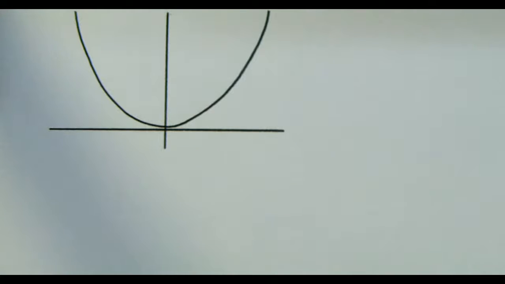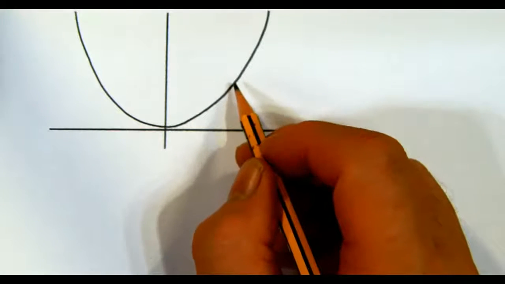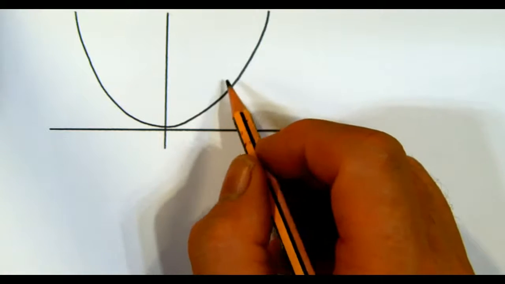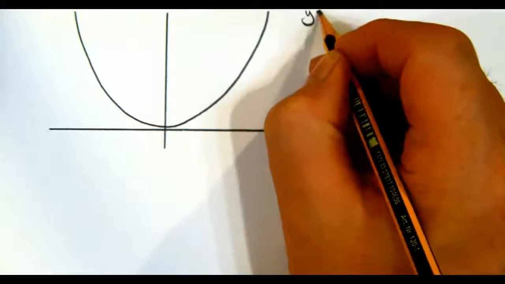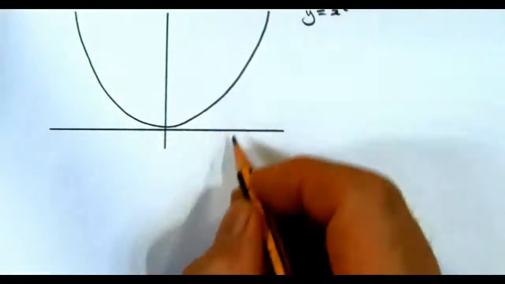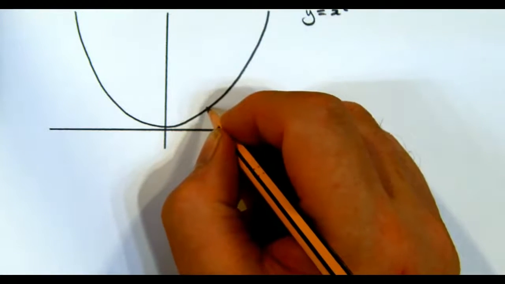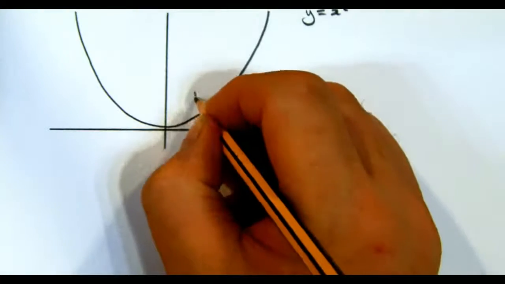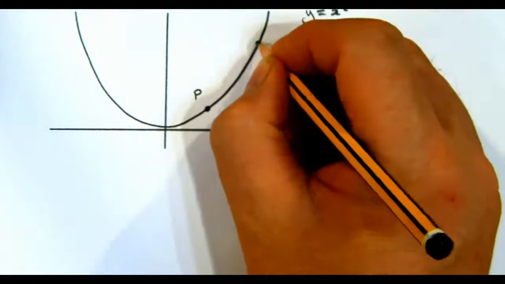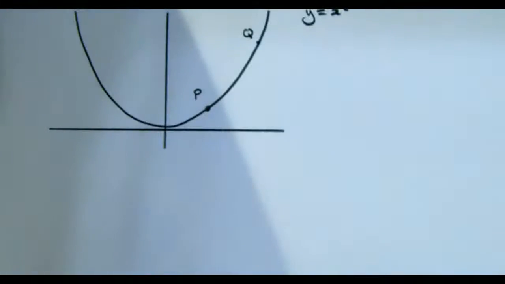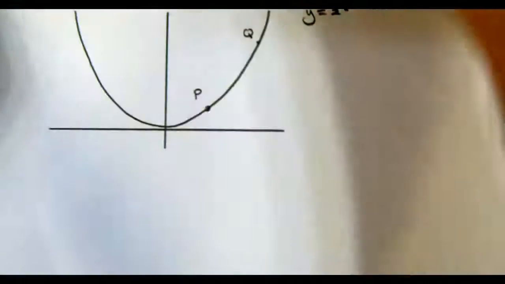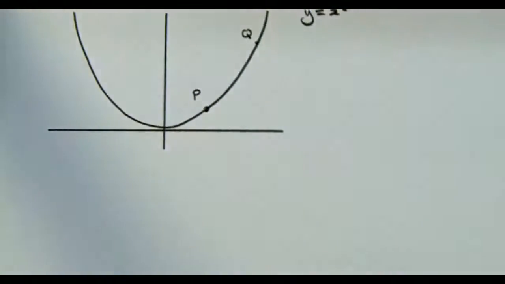Now, I've got the equation y equals x squared. Let's put 2 points on the curve. We're going to have point P and point Q. Q is going to be a very short distance away from P.